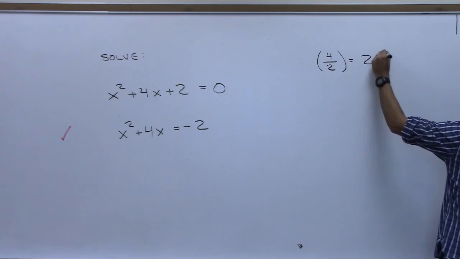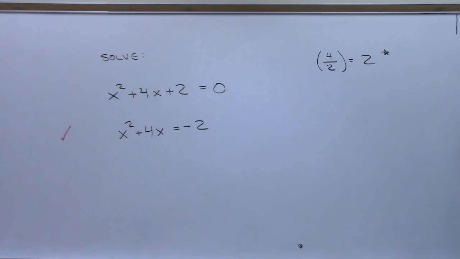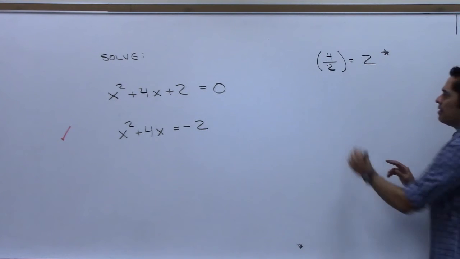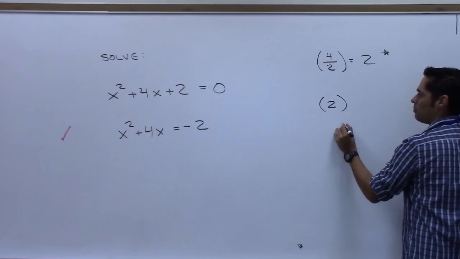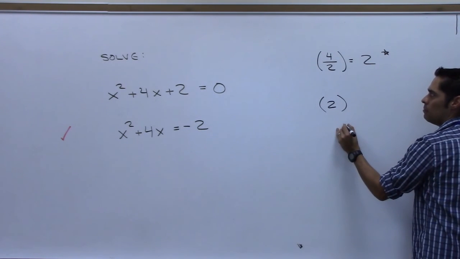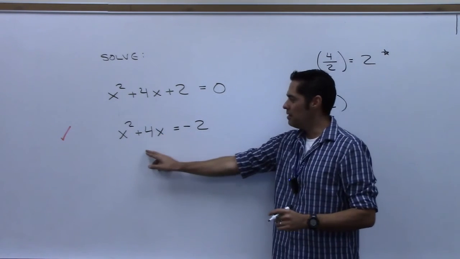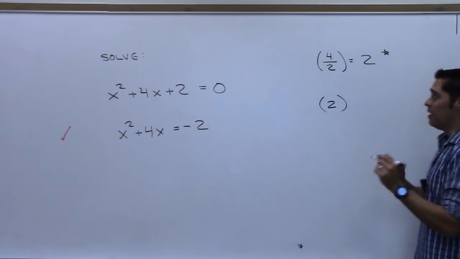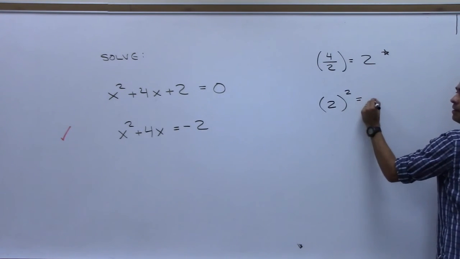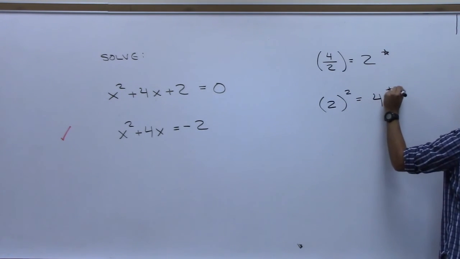I'm going to put a little star next to this. This is my first little magic number in completing the square. Once I get this little magic number, I take that number and do what with it? So you remember the half part. That's good. Half of the 4 is 2. You square it. Yes, you square it. And you get 4. And that's my second little magic number.